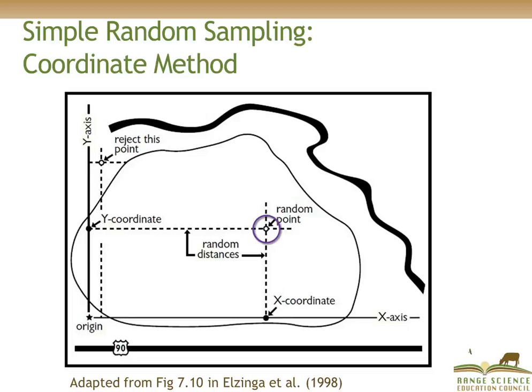Now sometimes there's a problem, especially when we're using transects. We can actually have randomly located points that fall within the area of interest. But if we're using transects, they could extend outside of the area of interest. And we don't want to sample outside of the specified population or area of interest.